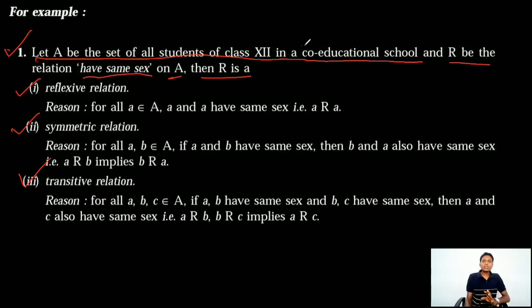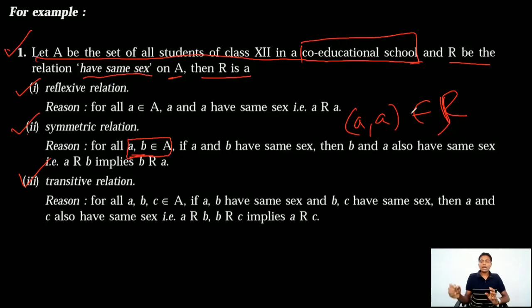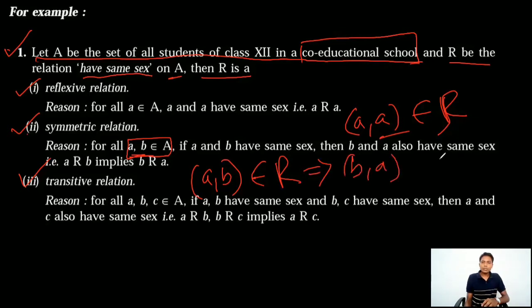All the students in a co-educational school, so all elements A belong to R. Symmetric means if AB belongs to R, since R contains those students who have the same sex, this implies BA obviously belongs to R.